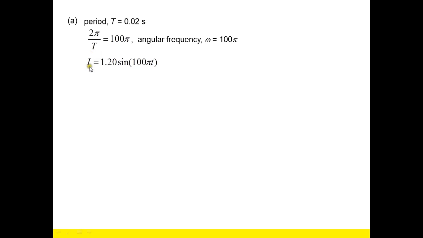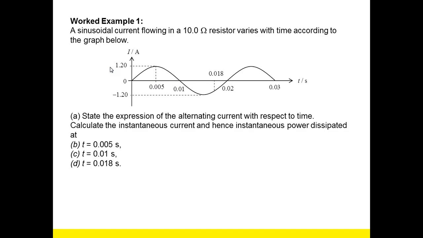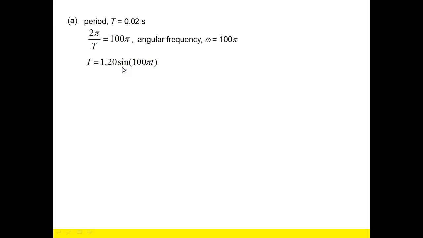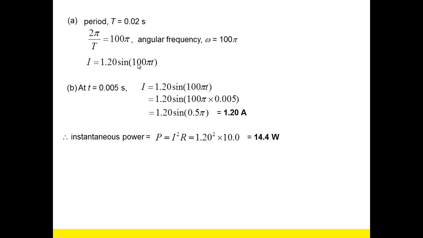If we sub this into the waveform equation, I will then be equal to I naught, which is 1.2 in the previous graph given. The maximum value is 1.2. So I equals 1.2 sine omega t, omega being 100 pi.